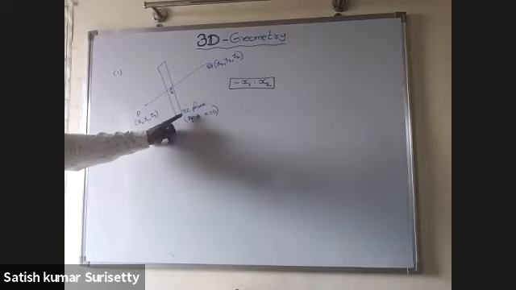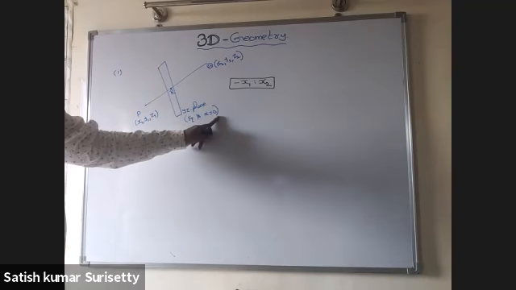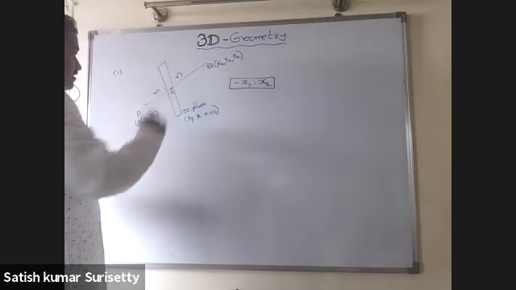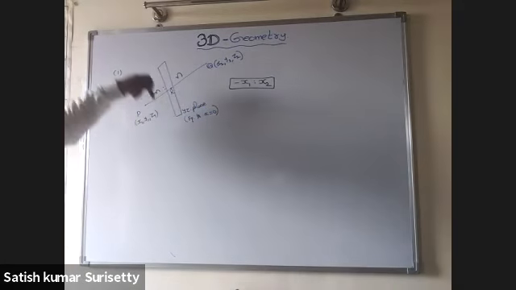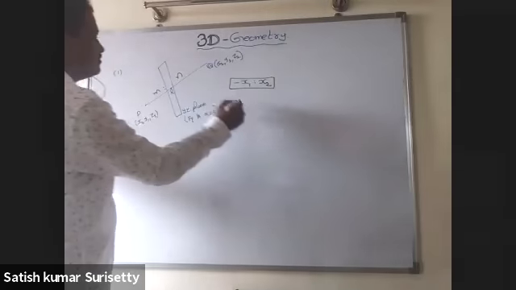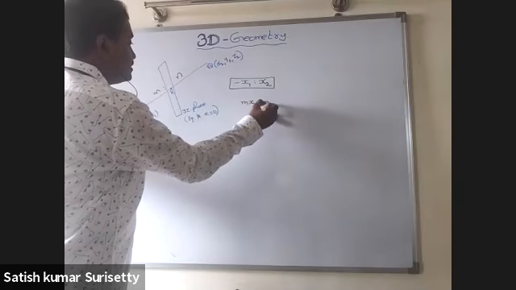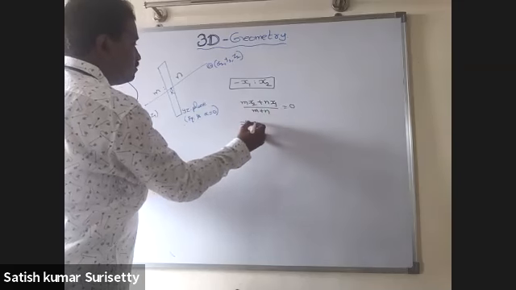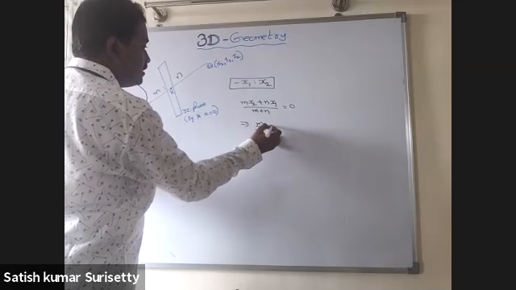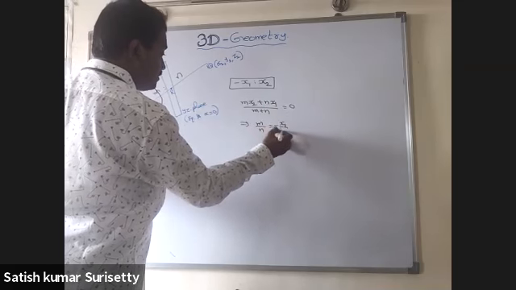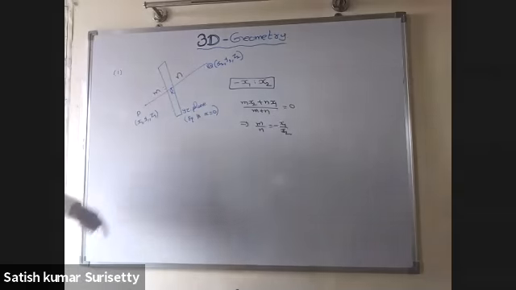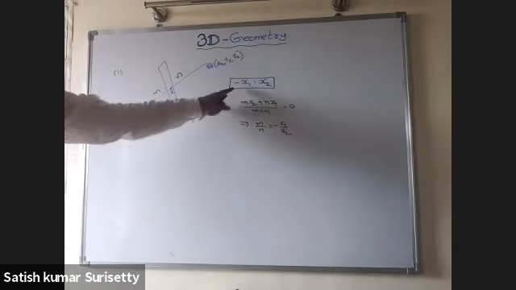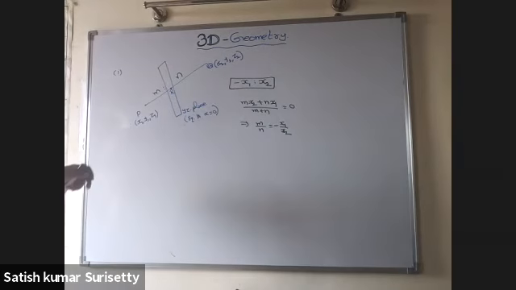Since the equation of the YZ plane is x equal to 0, if I take the ratio as m is to n, the x coordinate of R is equated to 0. mx2 plus nx1 upon m plus n equal to 0, which implies m upon n equal to minus x1 upon x2. That is, the YZ plane divides the line segment joining PQ in the ratio of minus x1 is to x2.